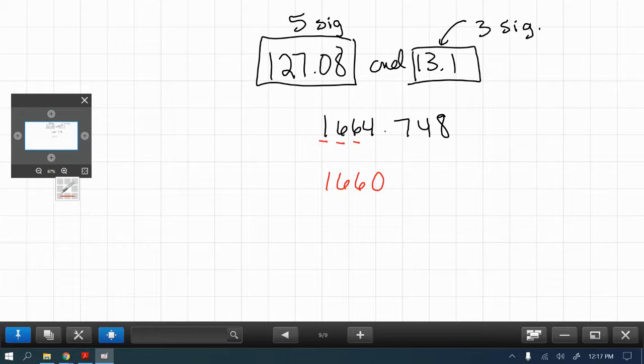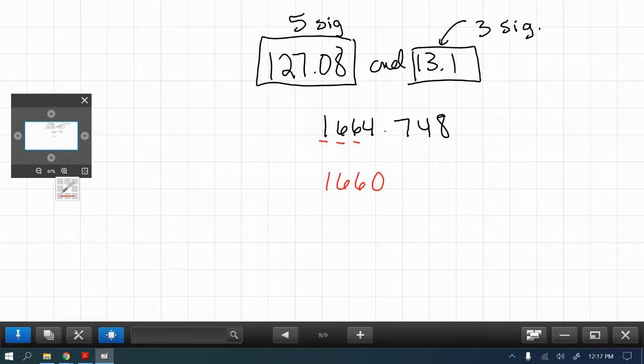Now, if I was doing it in powers of 10, I would do 1.66. If it's a trailing 0, we count it. So it would have been 160. Anything that precedes a 0, don't count, but any trailing zeros do.